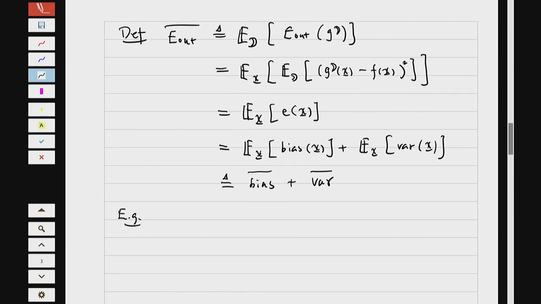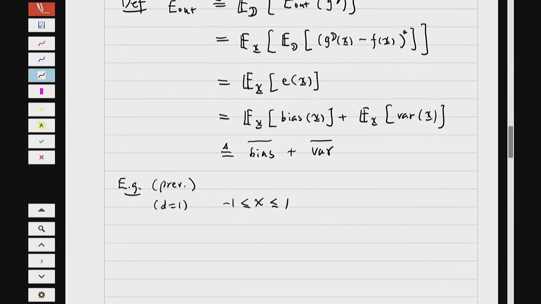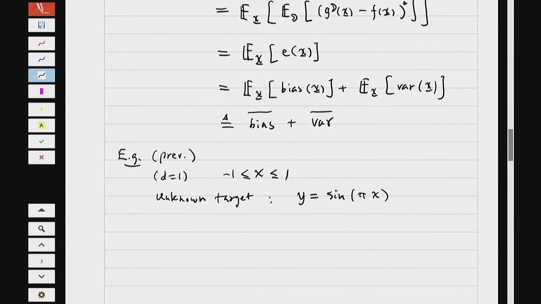So we continue the previous example that we did a bit in a rush earlier this week. Let me repeat. D equals 1. We have an x in the input space between -1 and 1. We have an unknown target function, which is y equals sine pi x. That's what we need to learn.